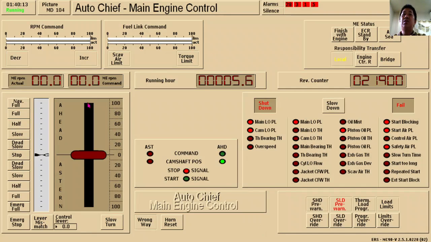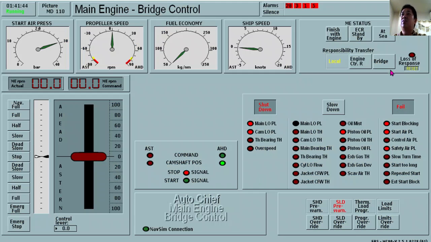They are the same, but the difference is you have to transfer the responsibility to the bridge. So this is the engine control room, or ECR, and this one is the bridge. They are the same, but the only difference is the engine control room will transfer to the bridge.